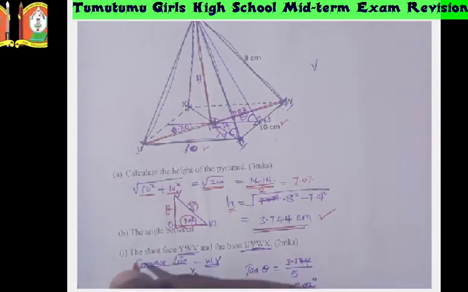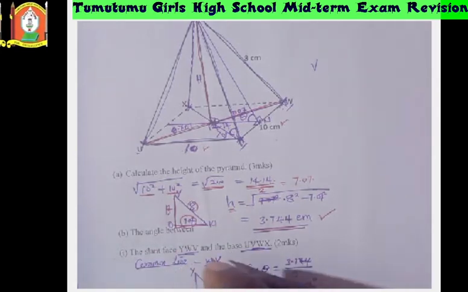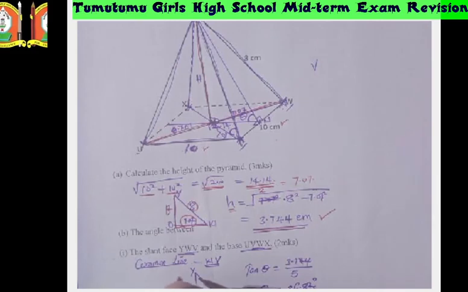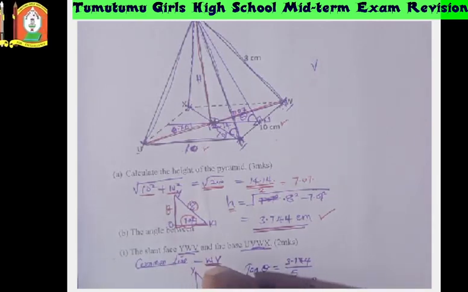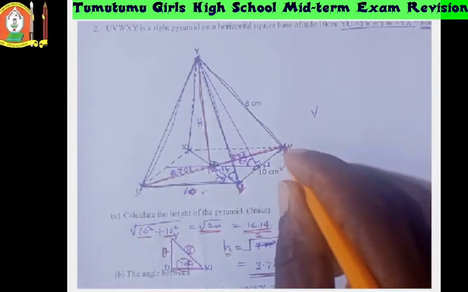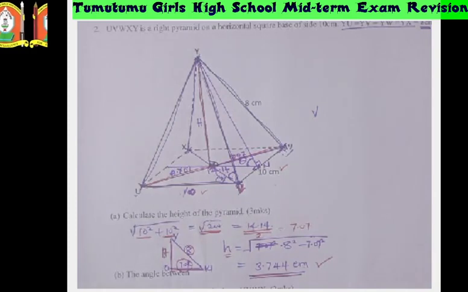The angle between the slant face YWV and the base UVWX. So we identify the common line, which is WV. That's the common line. Then we draw two lines, one on each plane.